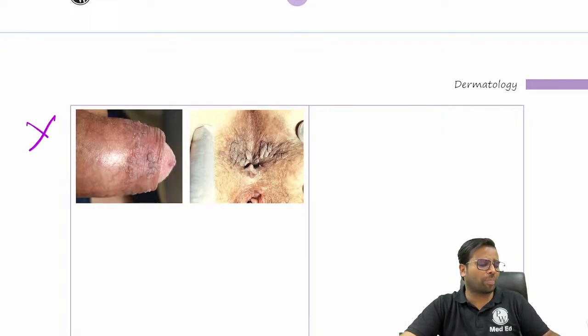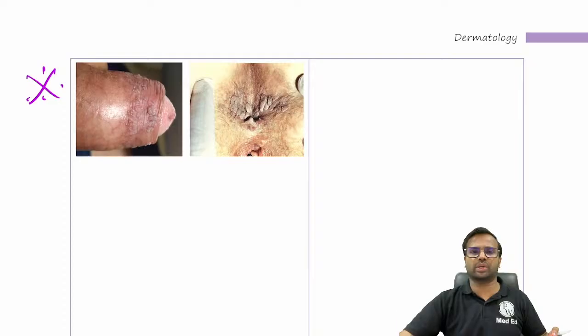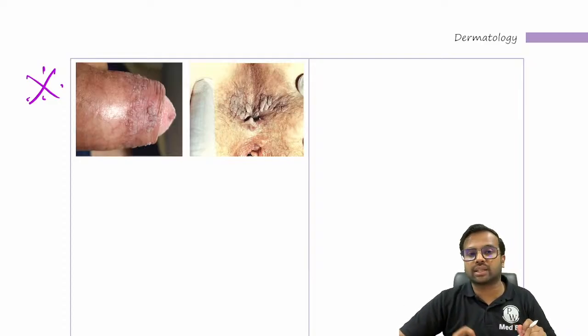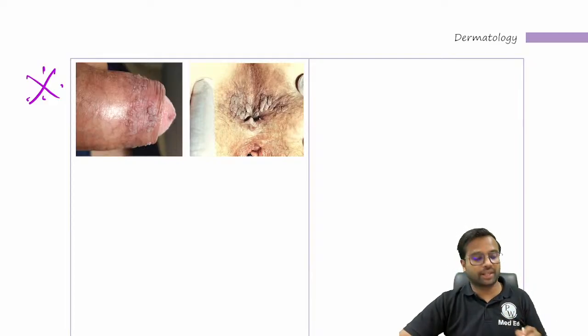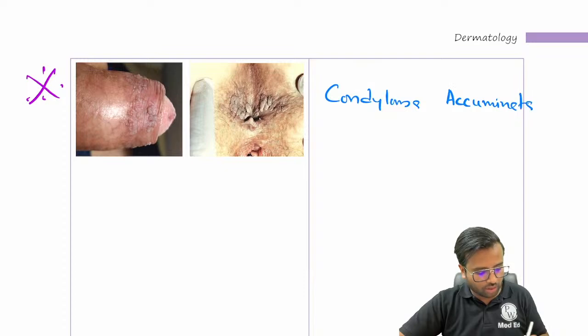Now this is another topic which has been asked multiple times for your exam. It's a very repeat question. Whenever you find warty lesions in the genitalia of the patient, what is the diagnosis? Warty lesions in the genitalia is called condyloma acuminata, isn't it?